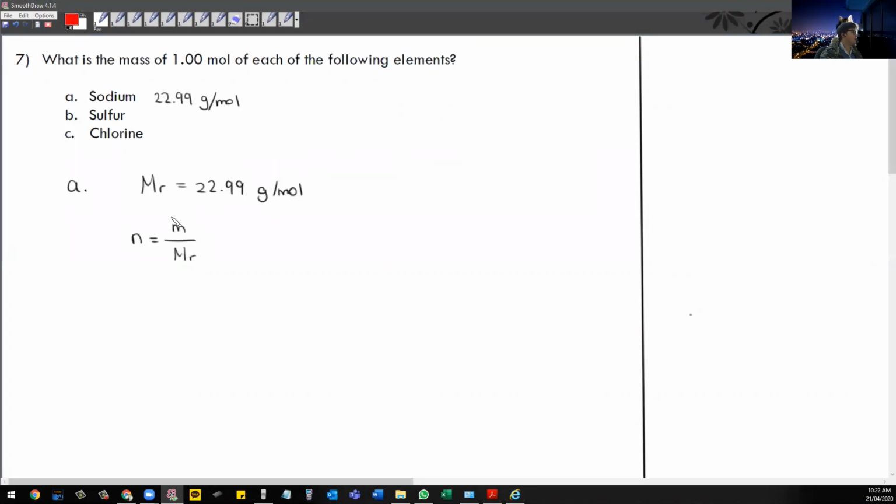What they're looking for is the mass. So mass equals the number of moles times the molar mass. And you have 1 mole, right? So 1 mole times 22.99 grams per mole, and mole cancels out. So you just get 22.99 grams.